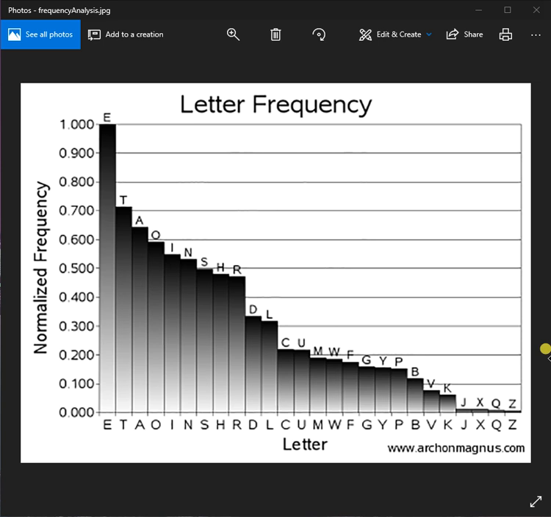If it is a letter that's in my alphabet, I want you to keep track of it. Add a running total for each letter. Also, I want you to keep a running total of how many letters there are in general. Every time I find a letter, I increase the running total of how many letters I have. I also increase the running total of how many of that particular letter I have.